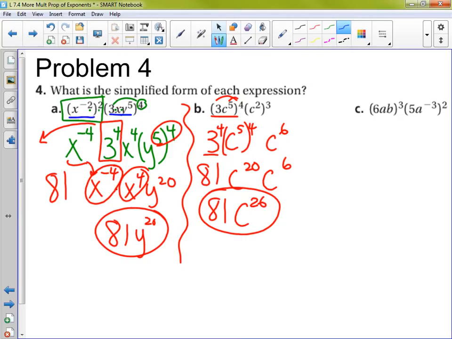And the last one. Give the 3 to each part inside. That's 6 to the 3rd, a to the 3rd, b to the 3rd.